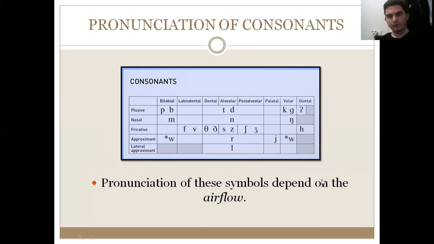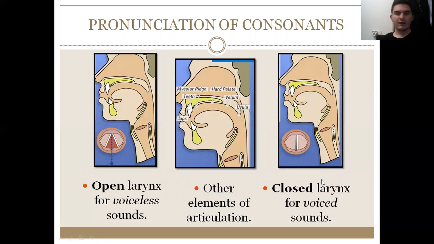How that happens is that there is a thing in your throat that is called a larynx. And that larynx has something that is called a vocal cord. That vocal cord can open up or close, as you can see from the example on the left and the example on the right.